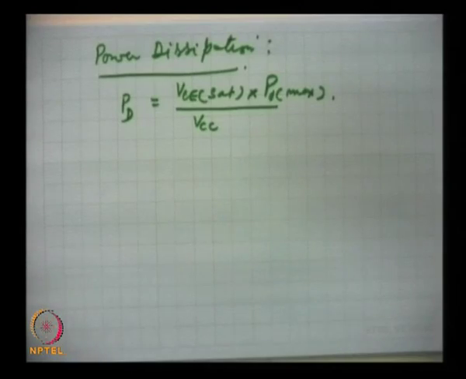So, that finishes our class C operation, and in fact this module on power amplifiers is complete. What we have studied, I am now going to summarize. We started with the concept of the AC load line, which proves very useful in the analysis of these power amplifiers.